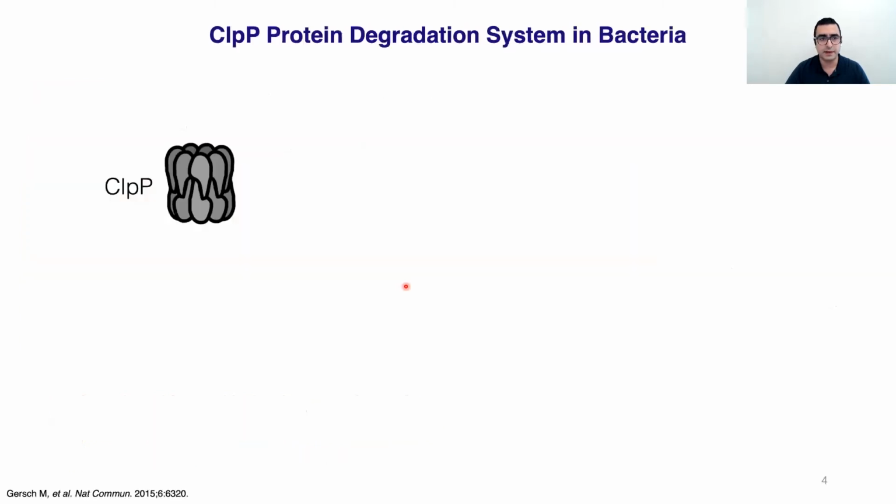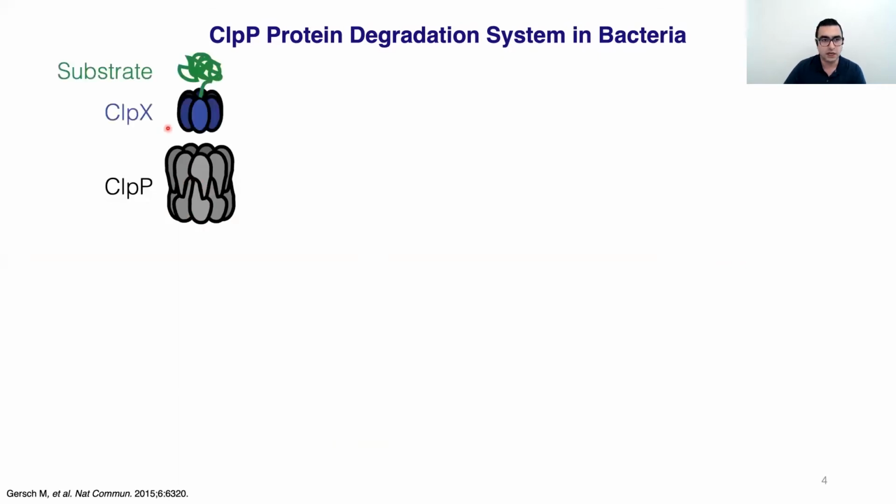So a little bit more about the ClpP system in bacteria, and also TB, lots of similarities. If you're familiar with the proteasome, this is going to sound somewhat familiar. ClpP is a barrel-like proteolytic chamber. The schematic of that is shown here. It's a double donut structure, 7 subunits on top, 7 at the bottom, with sequestered catalytic sites within the barrel.